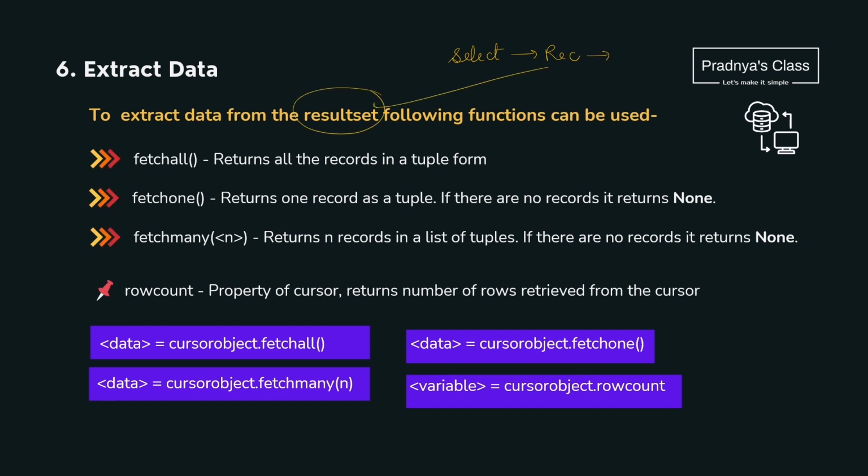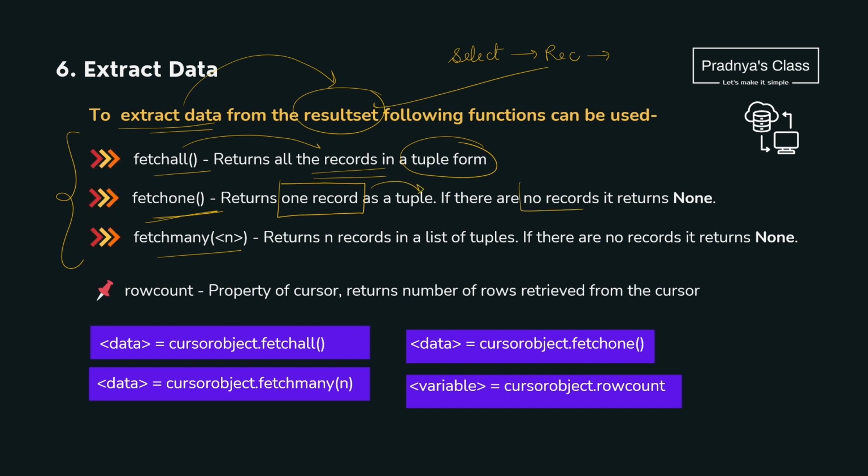Now you need to extract data from the result set. For that we have three different functions: fetchall, fetchone and fetchmany. In the first function you are fetching all the records. With this function we will be fetching all the records in tuple form. Look at the second function, that is fetchone. It will fetch only one record, that too as a tuple.